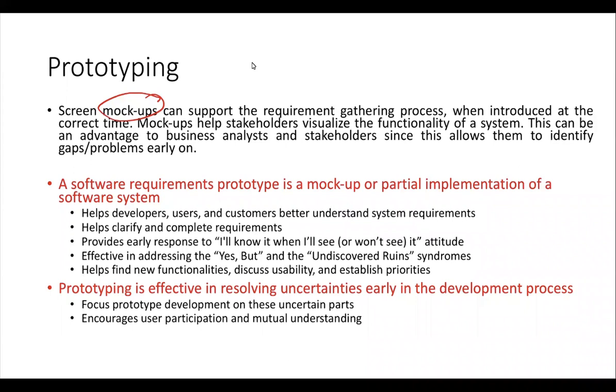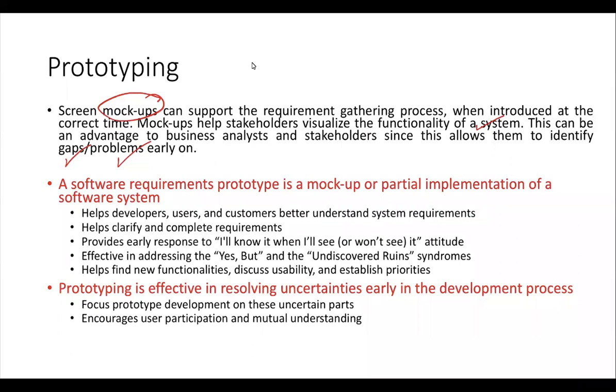And it's really good because when we introduce the prototype at the right time, you will be surprised how many requirements we can easily elicit. Mockups help stakeholders visualize the functionality of a given system. This can be an advantage to the business analyst and stakeholders because it allows them to identify gaps and problems at earlier stages through the use of the prototype.